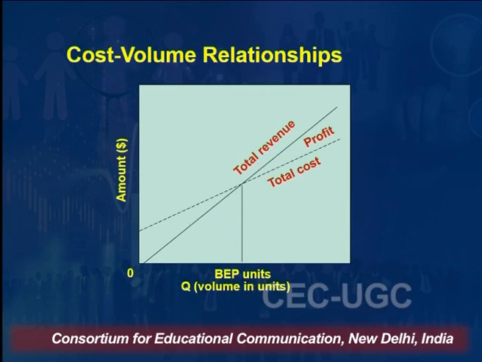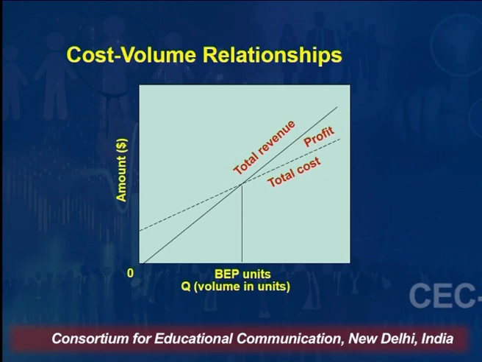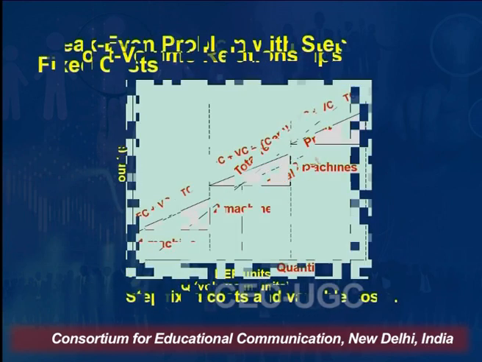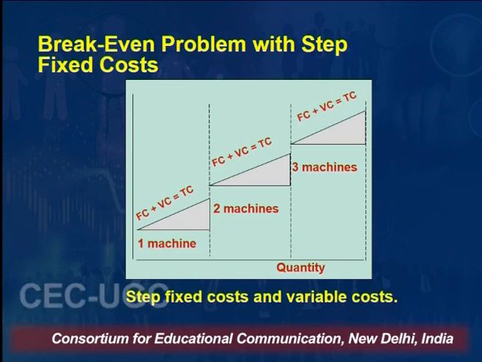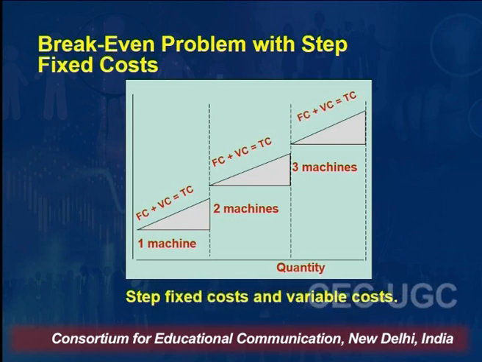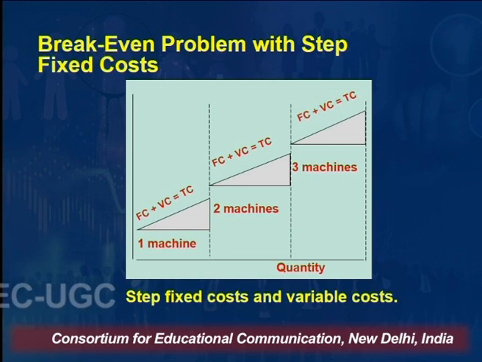Once again, in this slide we are showing the total cost and the total variable cost. Suppose you have one machine, this is the characteristic of your total cost. When you have 2 machines or 2 plants or 2 equipments, your total costs increase, and if you have 3 machines or 3 plants, again your total costs increase, because your overall fixed cost is increasing.